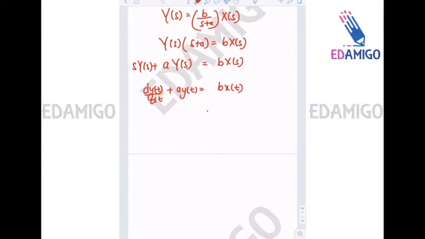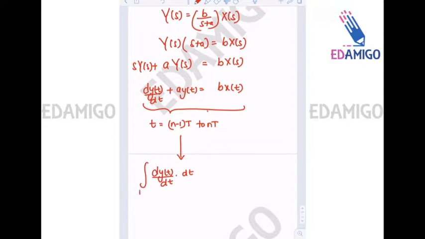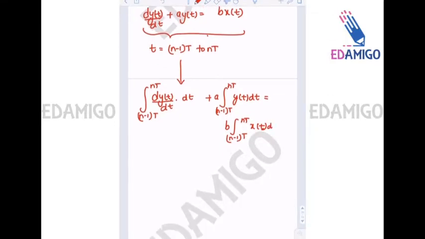So now if we integrate this equation over the time axis on the limits t equals (n minus 1)T to nT, then the equation will become the integral of dy(t)/dt dt from (n minus 1)T to nT, plus A times the integral of y(t) dt from (n minus 1)T to nT, is equal to B times the integral of x(t) dt over the same limits.